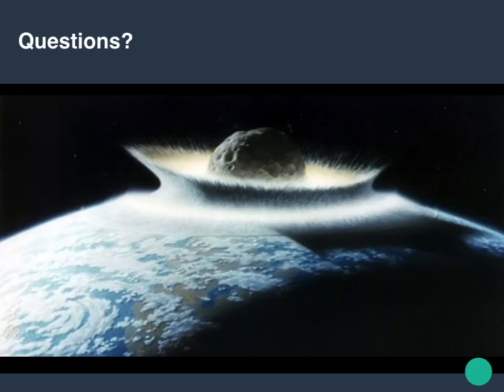Yeah? So if something like that big hit Mercury, would we lose Mercury? It's so small. If an asteroid that big hit Mercury, would we lose Mercury? I don't know if we would completely lose Mercury. That's a good question.